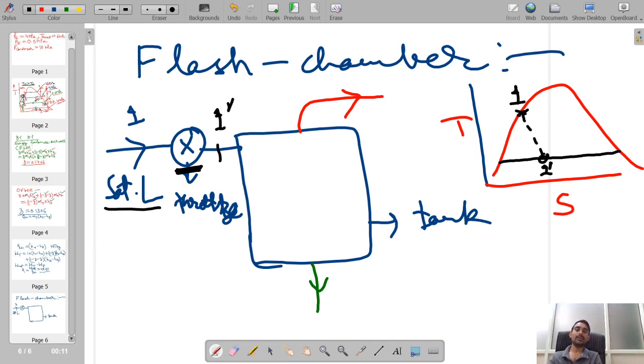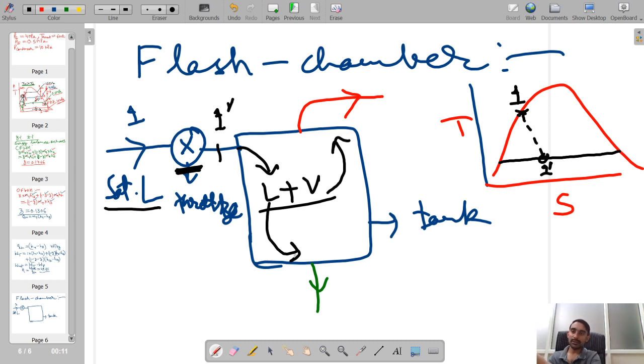Now when we allow this liquid plus vapor to enter inside a tank, the vapor part, because of its light weight, will be collected at the top of the tank, and the liquid part will be residing at the bottom of the tank.